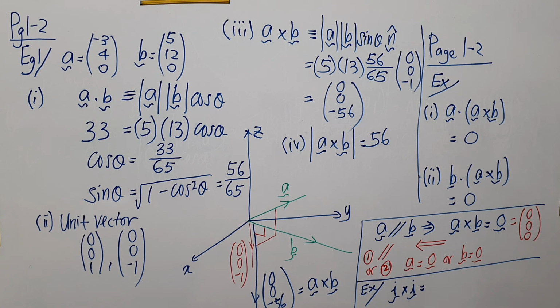And because they are parallel, from the earlier result, this will give you a 0 vector. Likewise, if you take J cross J, because they are parallel and in the same direction, again you get a 0 vector. And likewise, if you have K cross K, you also get a 0 vector.